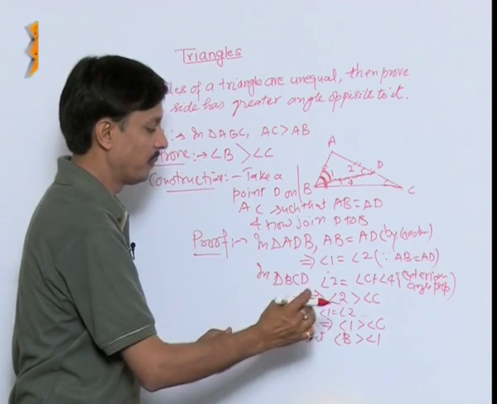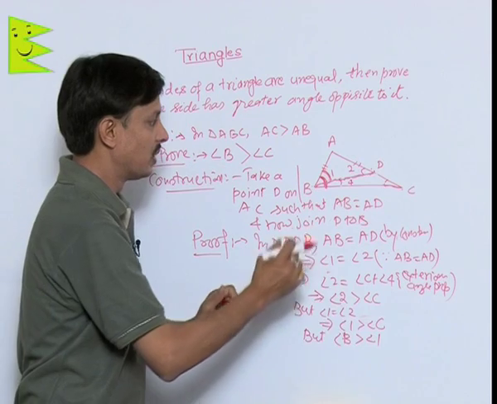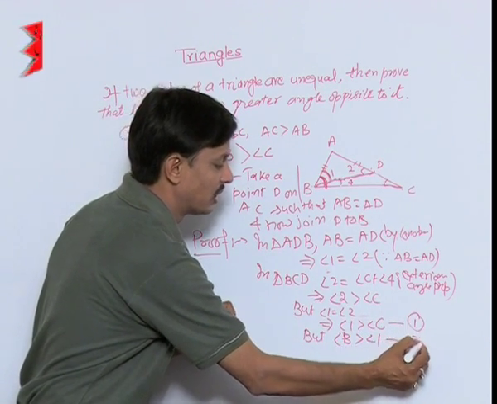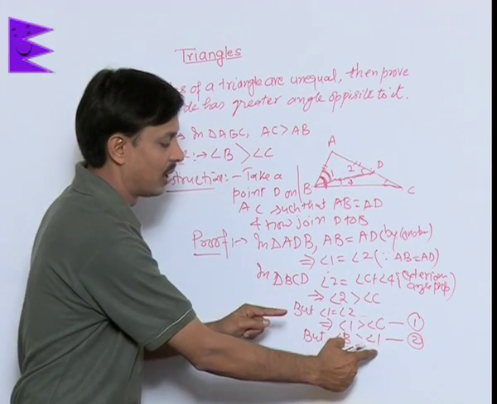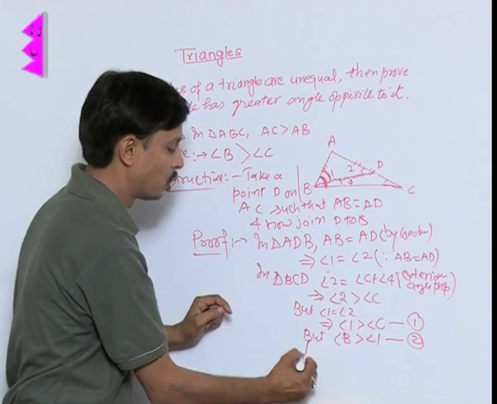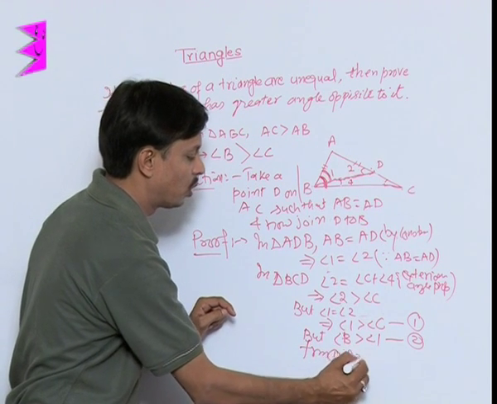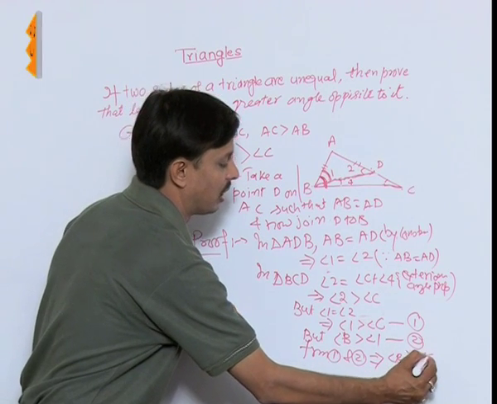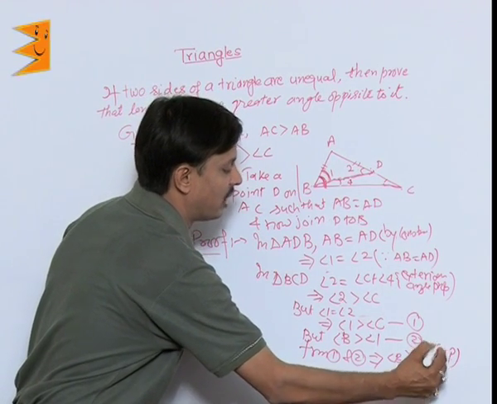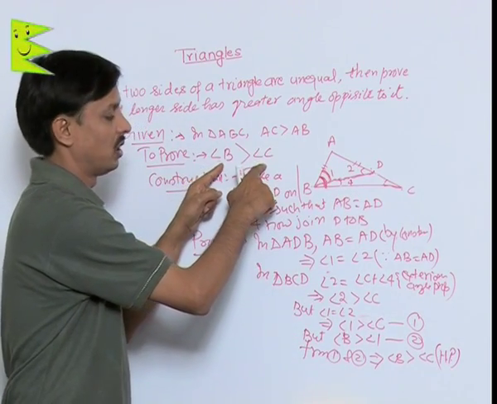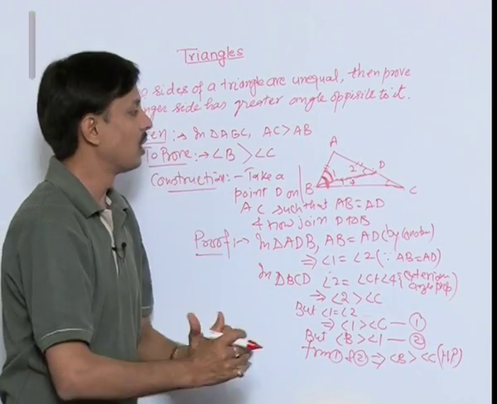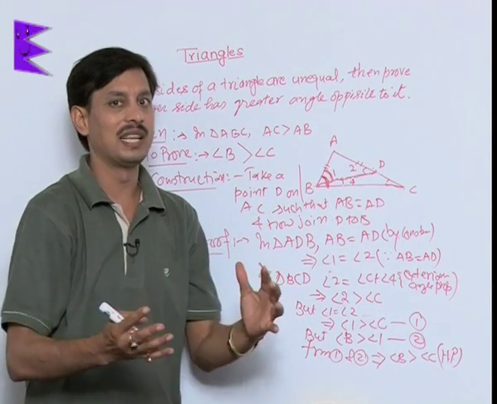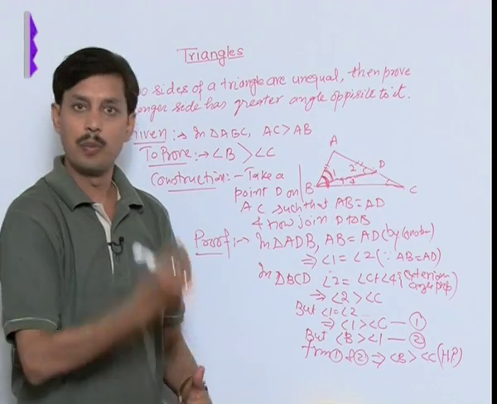So we can conclude these two relations: angle B is greater than angle 1, and 1 is greater than C. From these, it implies that angle B is greater than angle C, which is the required result we wanted to prove. So the conclusion, inequality of angles: the longer side has the greater angle opposite to it.